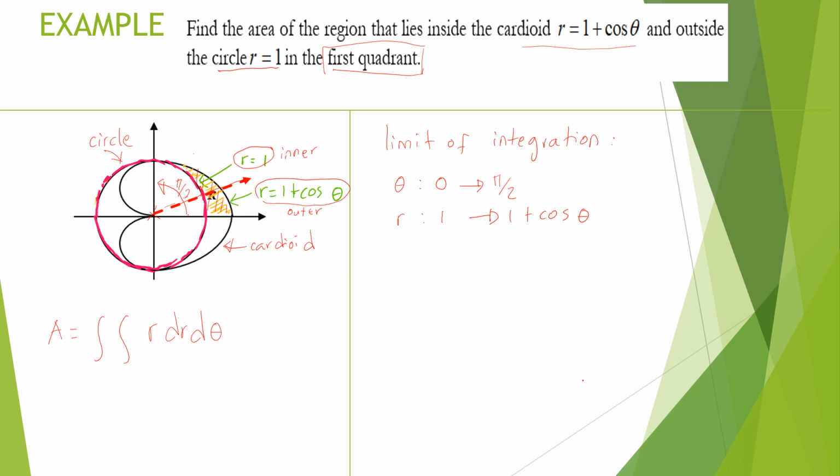So our integral is A equals the integral with theta from 0 to pi over 2, and r from 1 to 1 plus cos theta, of r dr d theta.